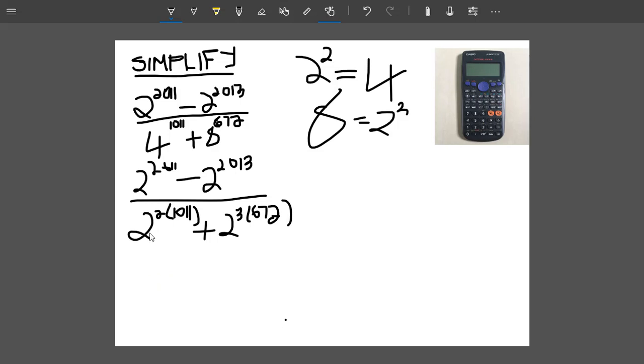Then all you need to do, because it's 2, remember I said refer to the question, it's 2011. Then you're going to take out the common factor first. Before you take out the common factor, you must multiply this, and if you multiply these here, you will realize that after multiplying, here is 2011.